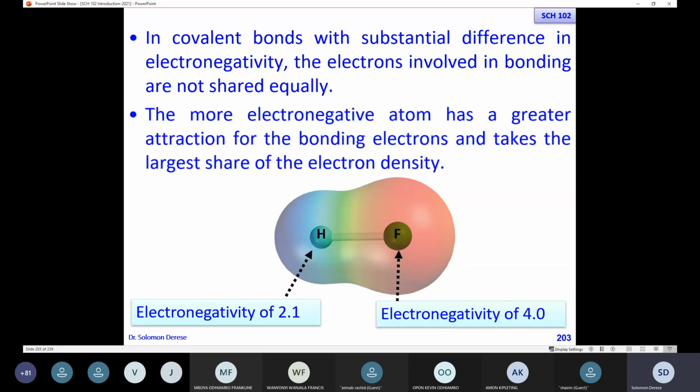But in the case of HF, the difference between the electronegativity of the fluorine and the hydrogen is almost 1.9. Therefore, HF is more polar than HCl.